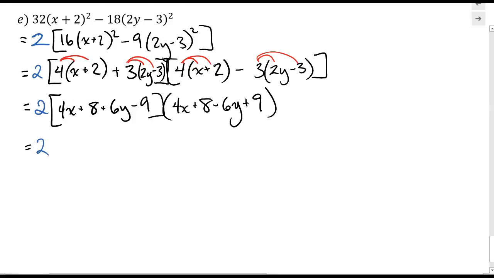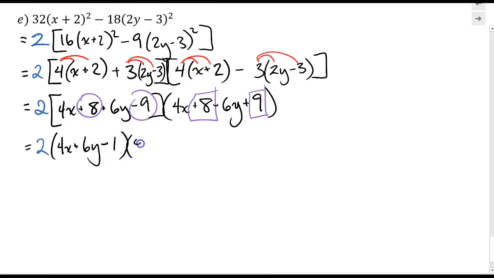And again, we're collecting like terms. So we have 4x plus 6y minus 1 and 4x minus 6y plus 17. And that is my final answer.